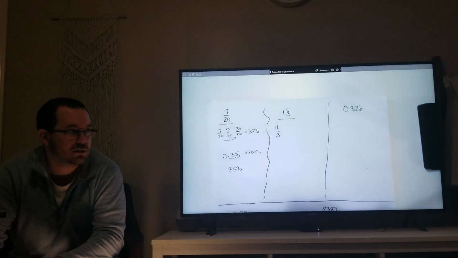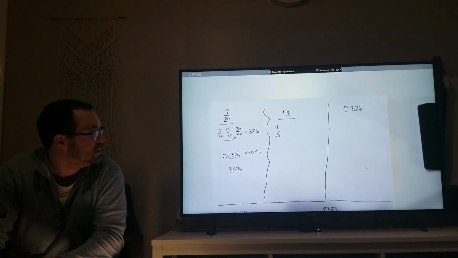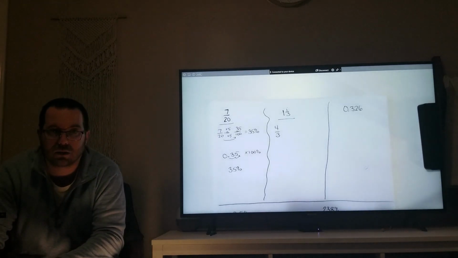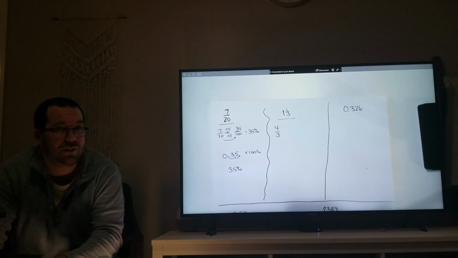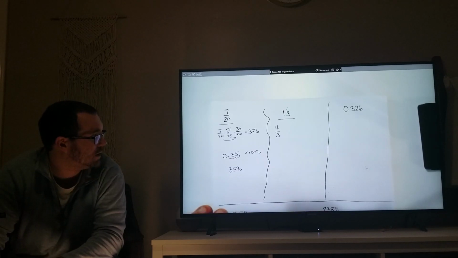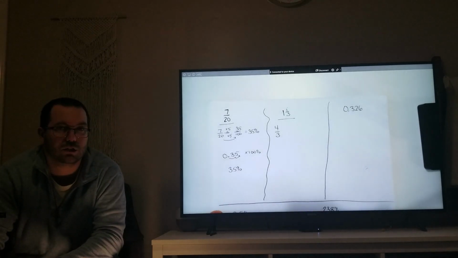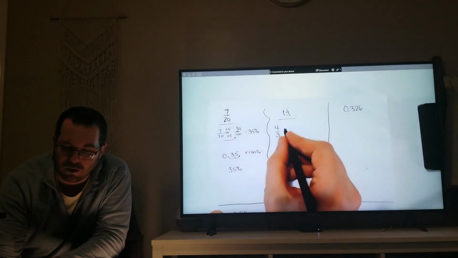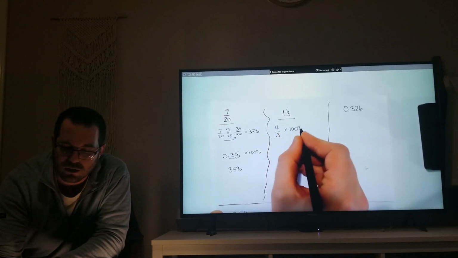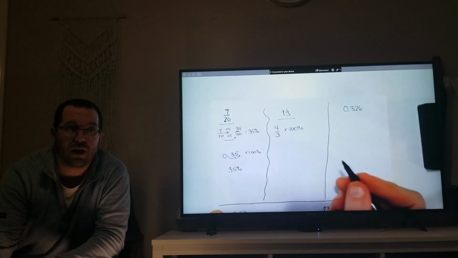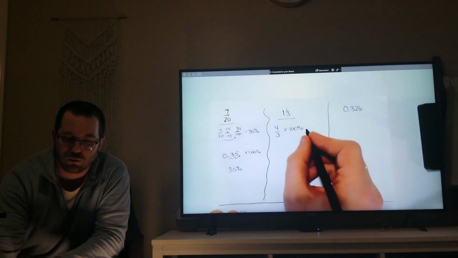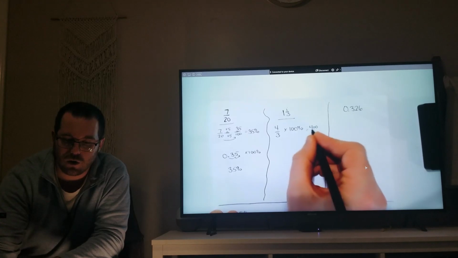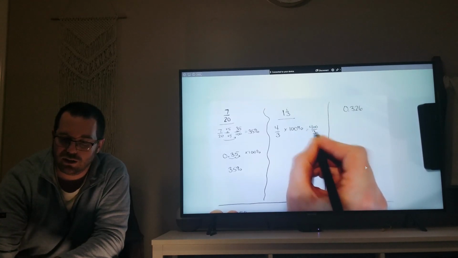Once I have this, it's just a matter of simply going through the rest of the steps. Now in this example, there's nothing that I can multiply 3 by to get to 100. So it makes it much more challenging to try to solve here. I can take this number and multiply it by 100%, which will give me then 400 over 3.